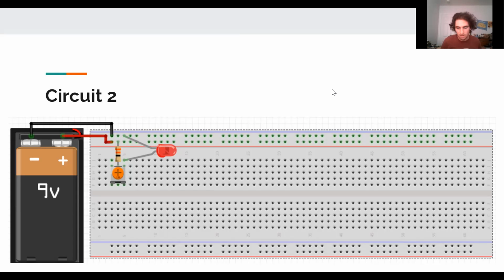But yeah, a cool little circuit you can build with a capacitor is basically if you want your LED to sort of fade. So what you can do is, let me switch screens.